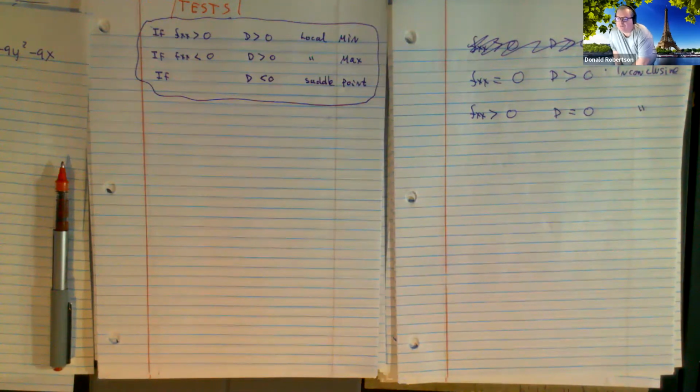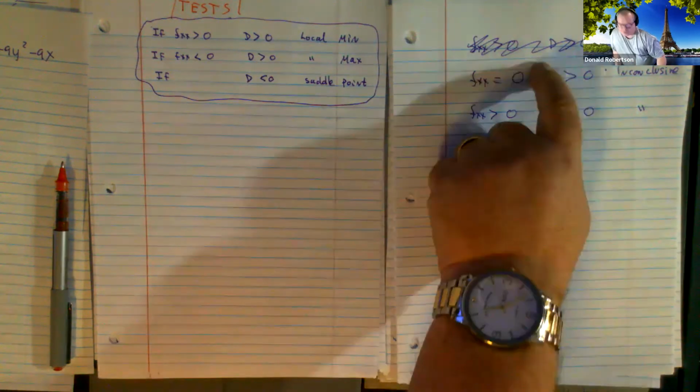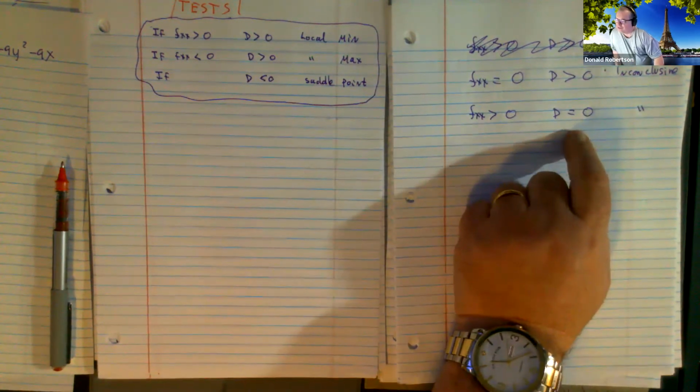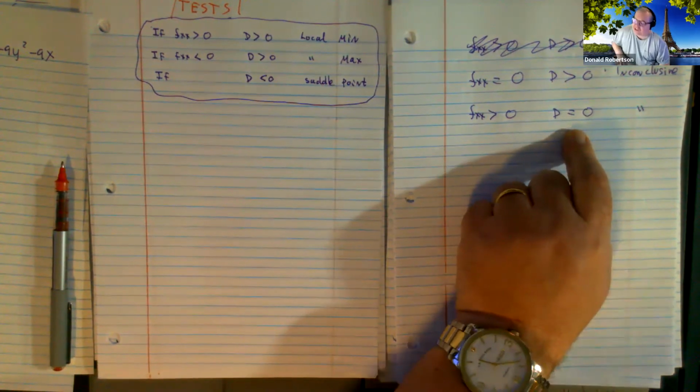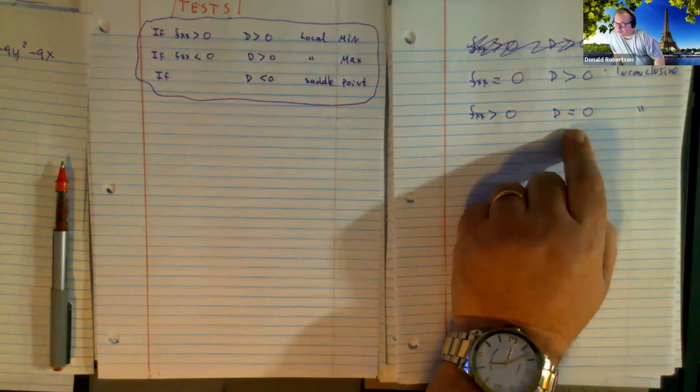So none of them should happen. The reason I'm saying that is that none of the homework questions has a box that says inconclusive. So since all the answers are local max, local min, and saddle point, I'm convinced that these 2 are not being treated. So you're not going to see those.